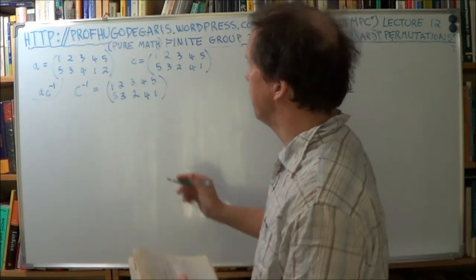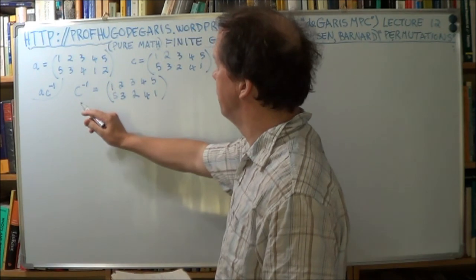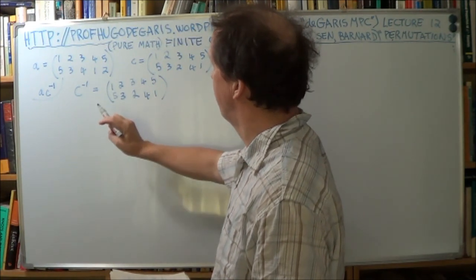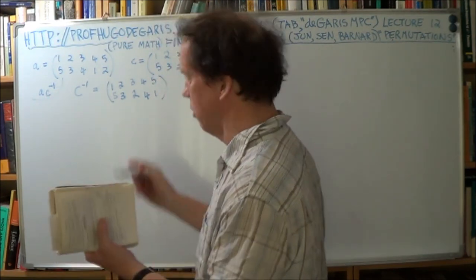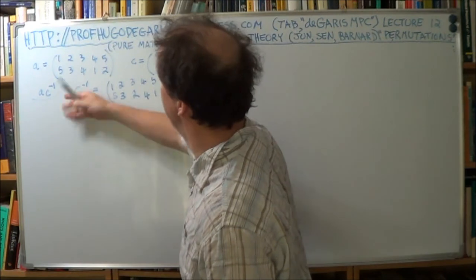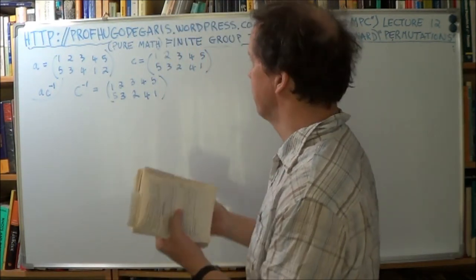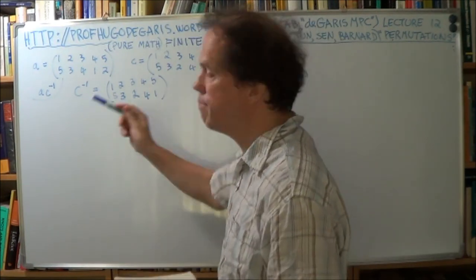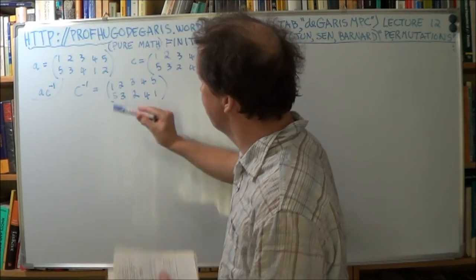All right, now multiply. So now do A C inverse. I won't write this out again. Just imagine this A is here, and we're doing this one first. This is how to multiply two permutations.